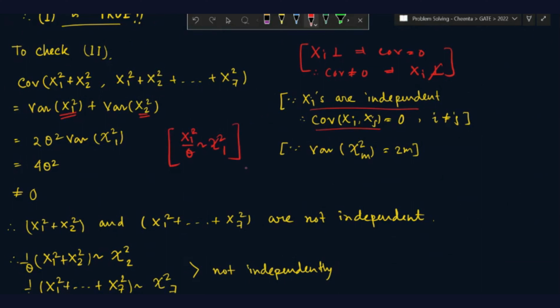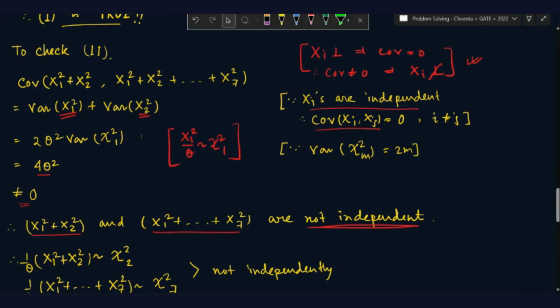So the variance of x1 square will simply become theta square into variance of chi square 1, where chi square 1 is a variable following the chi square 1 distribution. So it is coming out to be 4 theta square, which is non-zero. Hence, by this fact, covariance is non-zero means they are not independent. Hence x1 square plus x2 square and x1 square plus x2 square up to x7 square are not independent.